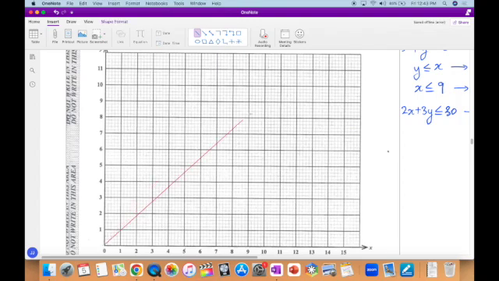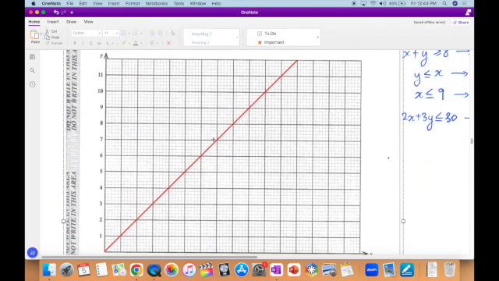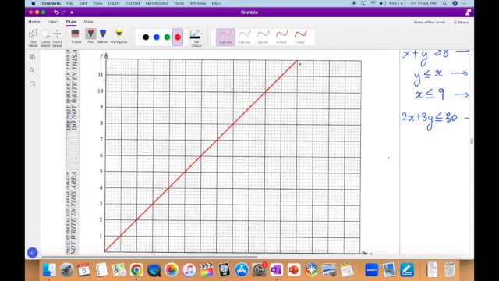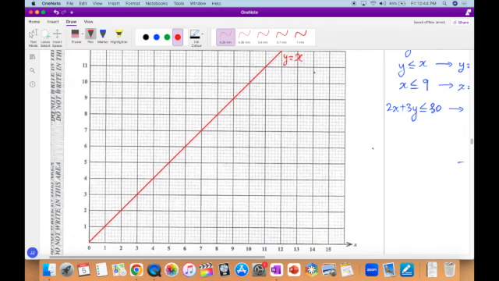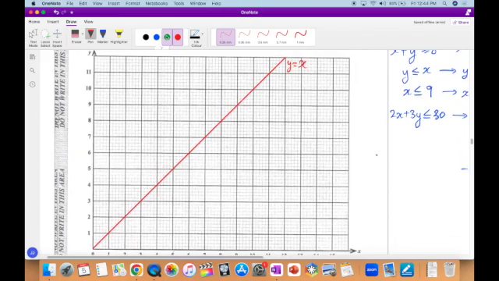So this here is simply the line y is equal to x. It's about here. About that. That is the line y is equal to x. And let's use another color for the line x is equal to 9.